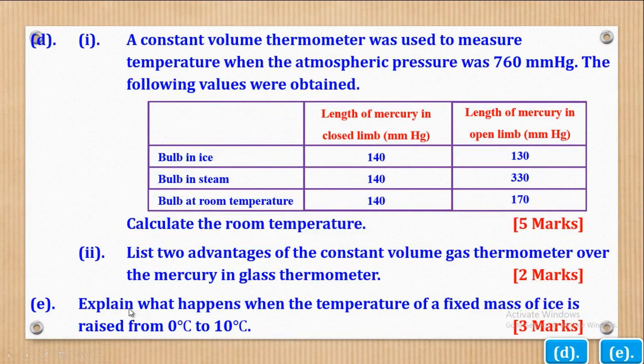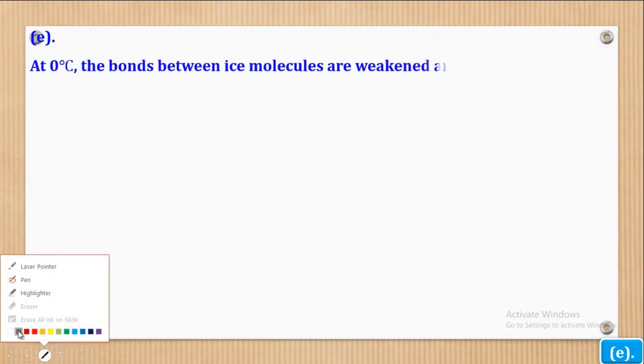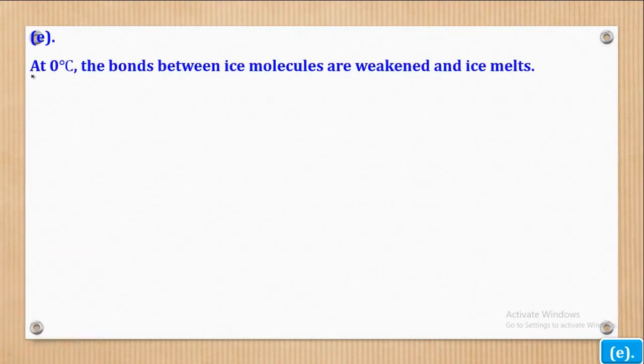Part E says, explain what happens when the temperature of a fixed mass of ice is raised from 0 degrees Celsius to 10 degrees Celsius. So here we have to remember the anomalous expansion of water. Therefore, at 0 degrees Celsius, the bonds between the ice molecules are weakened and ice melts.